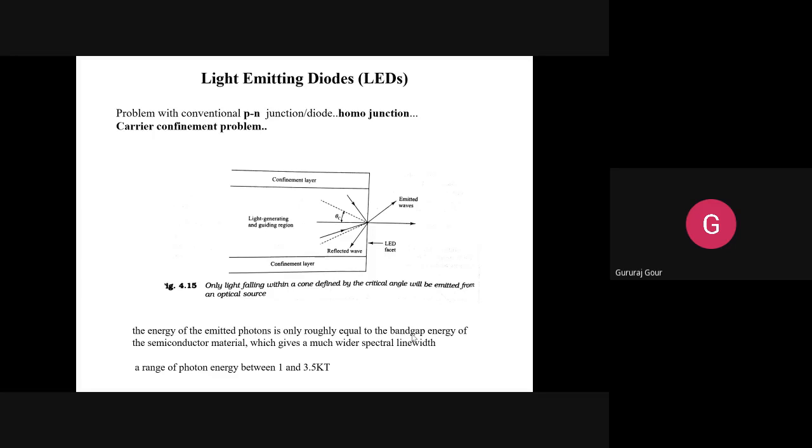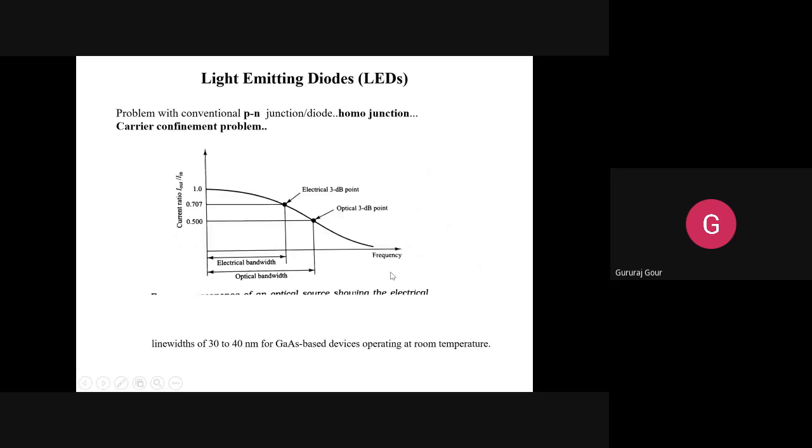We'll have to enhance it, but it is a concern for the manufacturing or design of this LED. Somehow we'll have to include more rays in this cone angle governed by the critical angle. Why it is the critical angle is a design aspect of the LED.